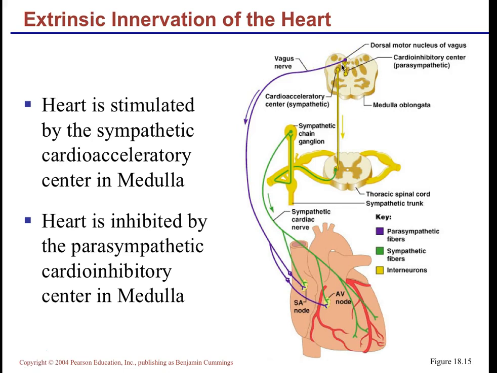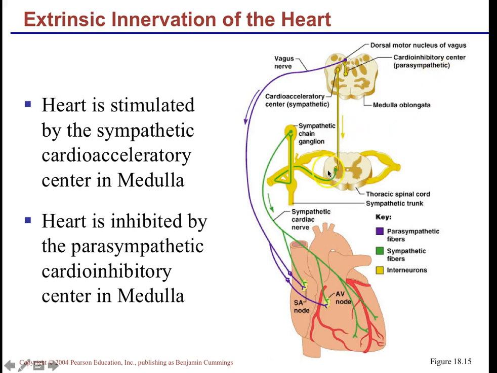Your heart is under the autonomic nervous system. I don't have to think about my heart beating, it just does. And that's your autonomic nervous system. It's going to have a sympathetic and a parasympathetic division to that. Sympathetic tends to be about speeding things up, and parasympathetic tends to be about slowing things down. And that's the way it works with the heart.